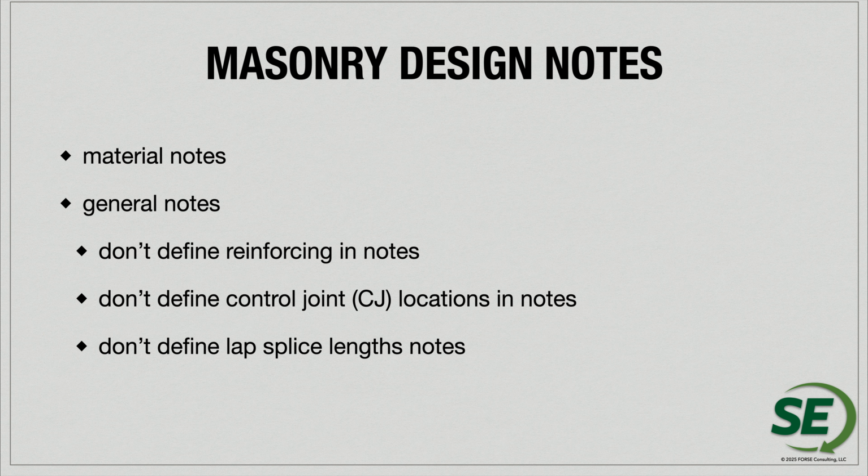Generally, what happens is designers like to use catch-all criteria to make sure that whatever they missed maybe will be caught by a general note, and that's just going to lead to a very conservative and probably costly masonry design. So we don't like to see reinforcing in the notes. We really want to see that defined with an actual schedule where we have a good use of material that's being considered.